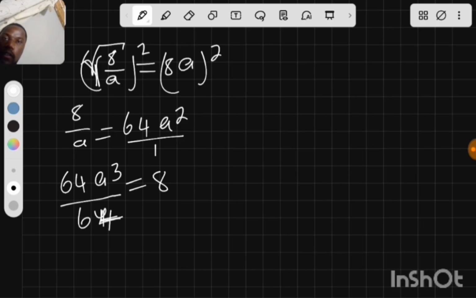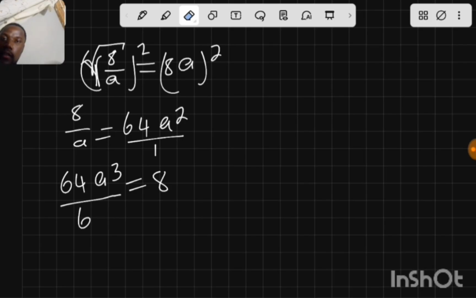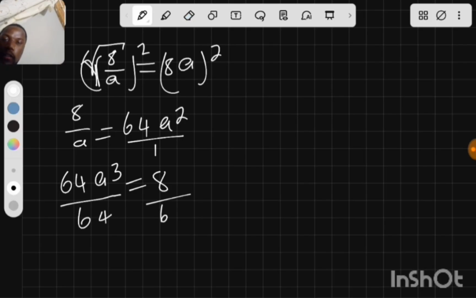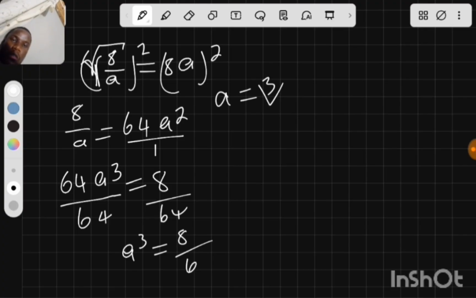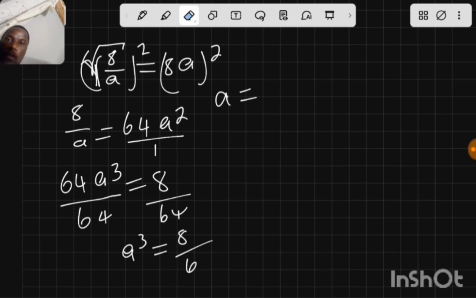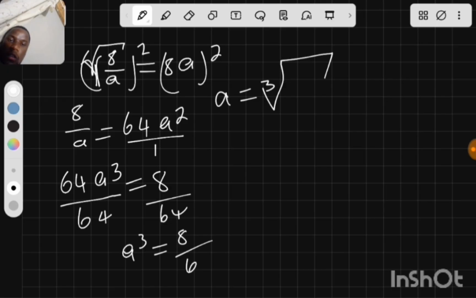64 divided by 64. So a to the power 3 is equal to 8 divided by 64. But I don't want a to the power 3, I want a. So I'm going to introduce the cube root of 8 divided by 64.